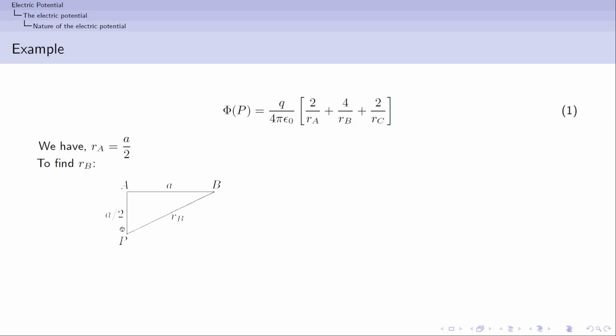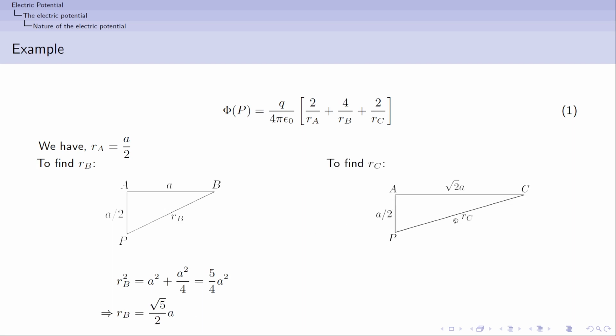So A to P, the distance is RA, which is a by 2. This is one of the sides of the cube, which is a. So all that remains is to find RB, which is very easily done using the Pythagoras theorem. When you solve this, we find that RB is equal to root 5 by 2 into a. In a similar manner, we can find out RC. Again, draw this triangle ACP.